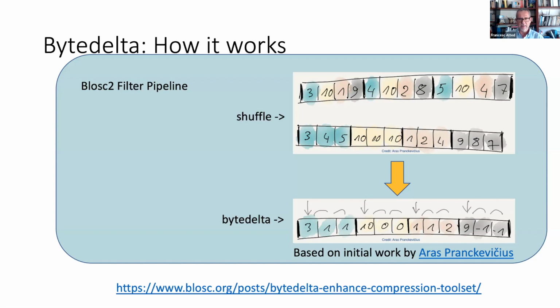And the idea under the hood is that by delta adds a new transformation after the shuffle happens. So after shuffle happens, what by delta does is that it computes the delta byte by byte. So in this case, it uses this buffer here, 3, 4, 5, and it applies the delta here, right? And as a result, typically this can compress better in some situations.